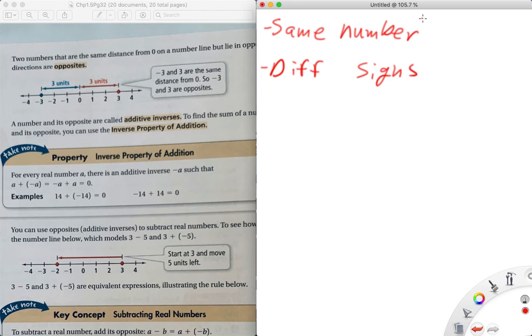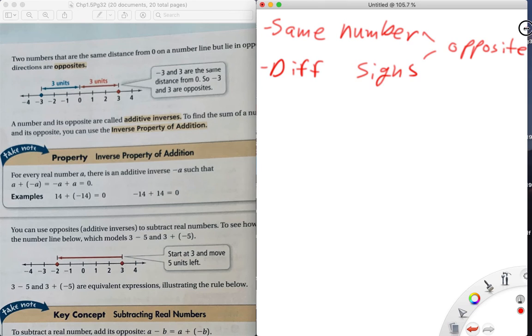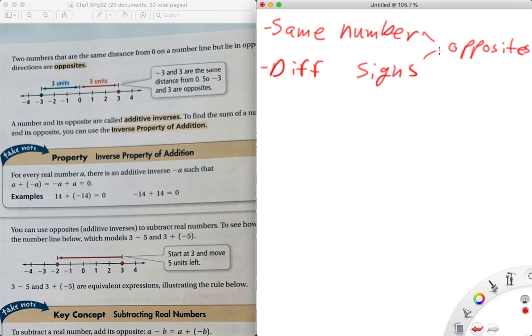These guys are known as opposites. So the book gives us 3, and the opposite of 3 is negative 3. 3 and then the same number, 3, but then different signs.